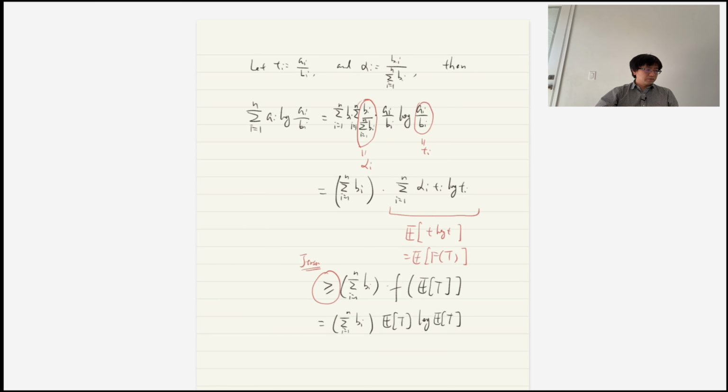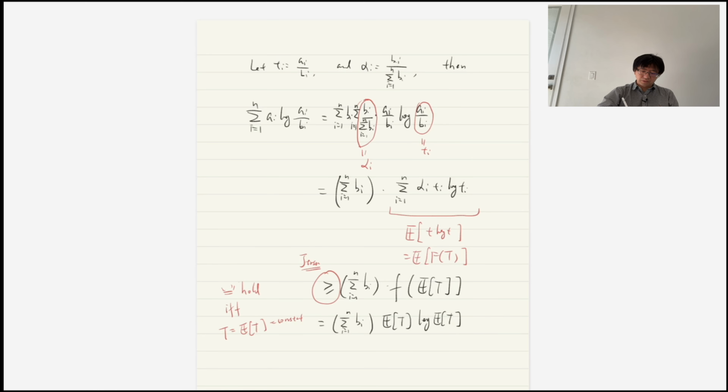We need to see when the equality sign will hold. Because f(x) is strictly convex here, the equality sign holds if and only if the random variable is a constant. Our random variable is this capital T here, so it only happens when T equals the expectation of T, so it's a constant.